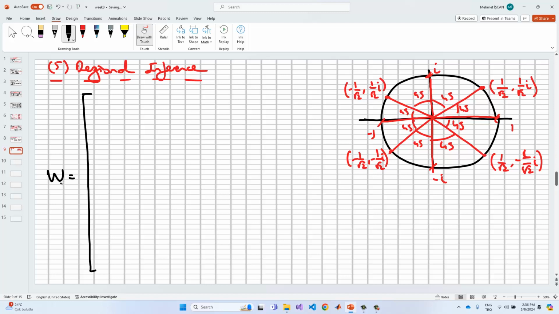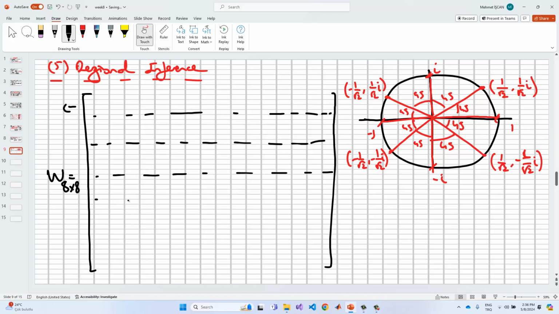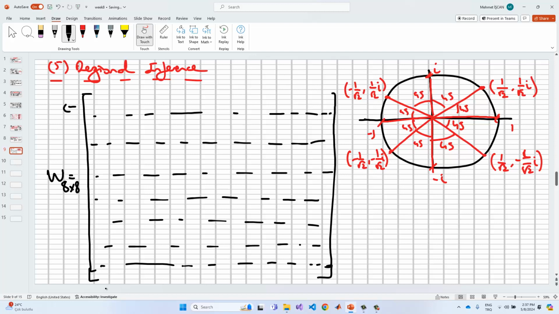Yes, n by n, but what's the value of n? 8, right? 8 times 8. Okay. And so we have one pattern here. This is the first one. It's the second one. Third one. Fifth one. 1, 2, 3, 4, 5, 6. And so we need to add one more, right? We have the 8th row in here, just like this one.